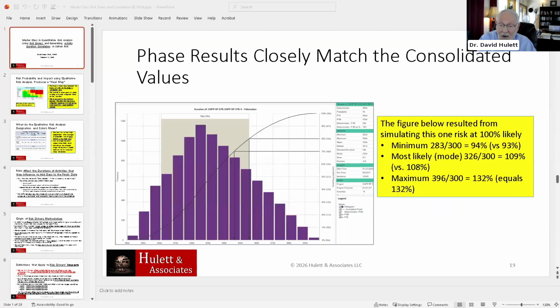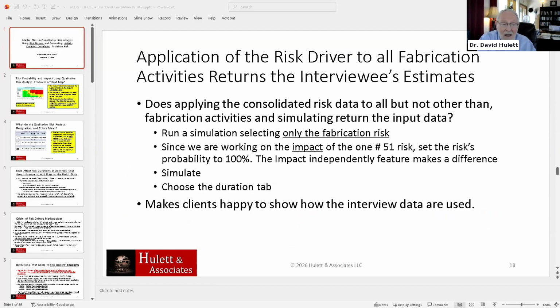Okay, now I go in here and I say, apply the consolidated risk data to the fabrication activities, but not to other activities or other risks. So just run a simulation selecting only the fabrication risk, the 10 months fabrication risk.